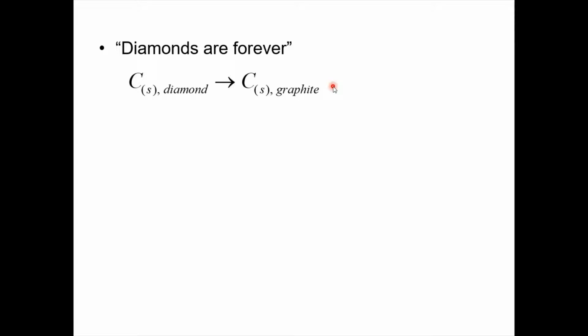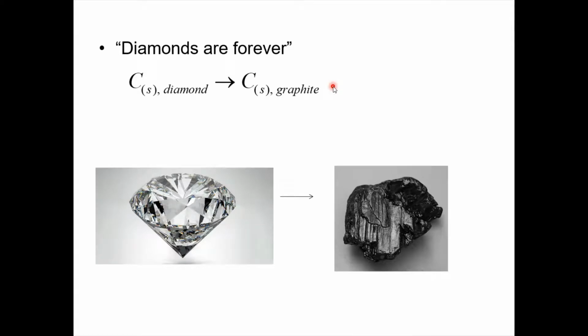Diamond and graphite are two forms of carbon. In other words, they're allotropes of carbon, the two solid forms of an element. Diamond is the less stable form of carbon, and graphite is the more stable form of carbon. There are beautiful rocks, the difference between the beautiful rock on the left and the dark rock on the right is not the atoms.